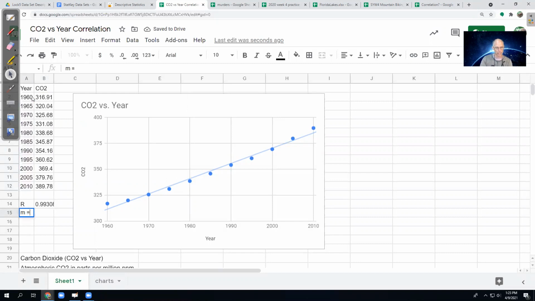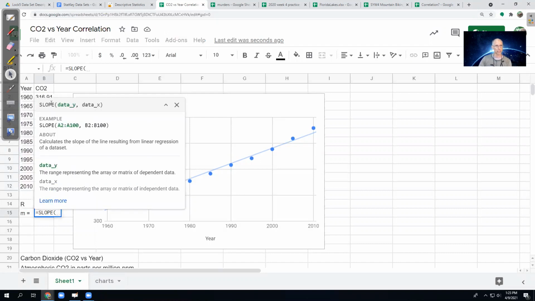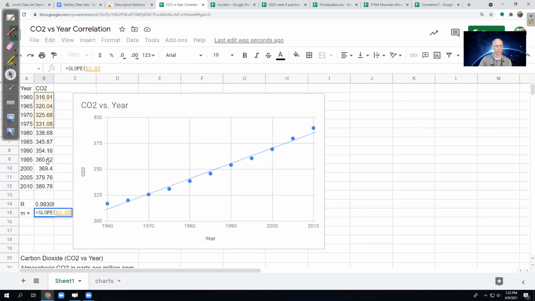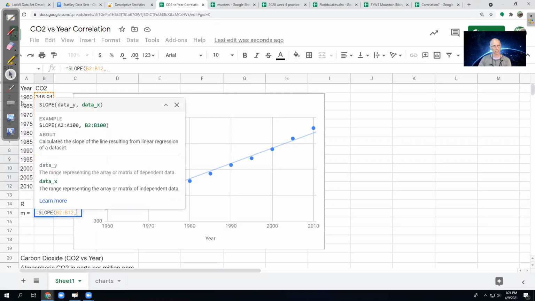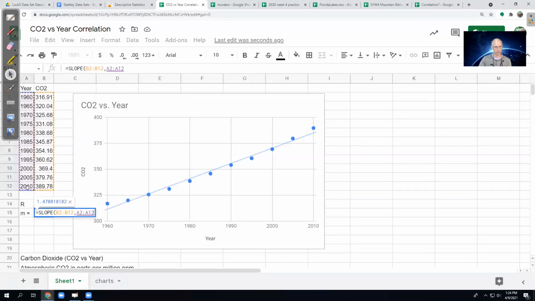Slope, m, the command is called SLOPE, pretty straightforward. And we're doing linear regression. And again, it says y first, comma, x second. Parentheses. So there's my slope. And then the y-intercept, b, pretty straightforward.